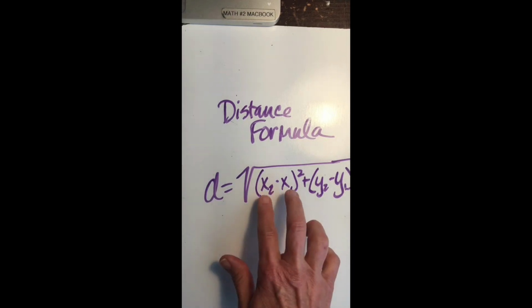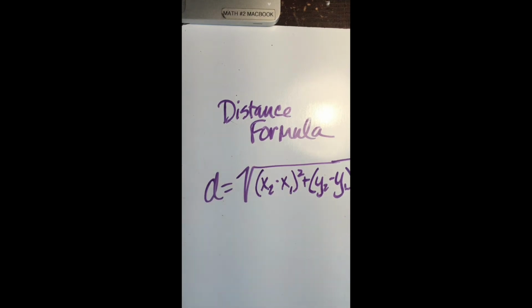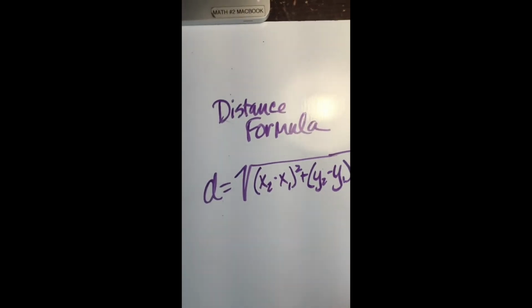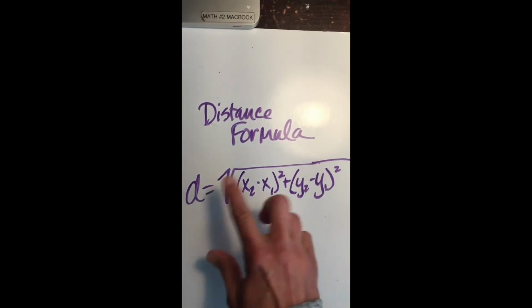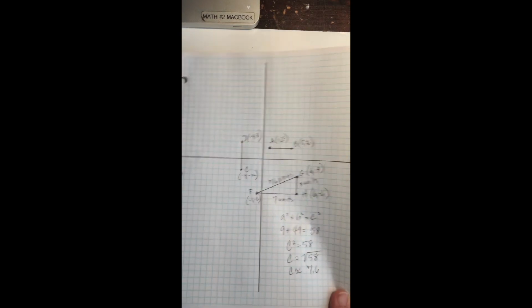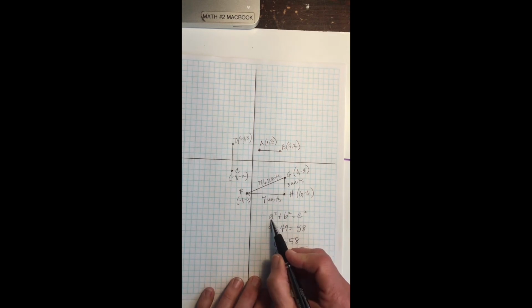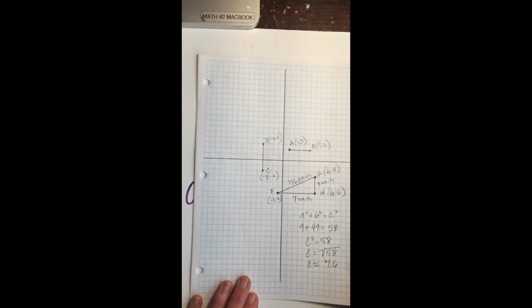If you take the difference in the x's and square it, add it to the difference of the y's squared, and then take the square root of the whole thing, you get the distance formula. Well, isn't that what we just did? On this problem, in order to find this value, let me just put this into the equation.